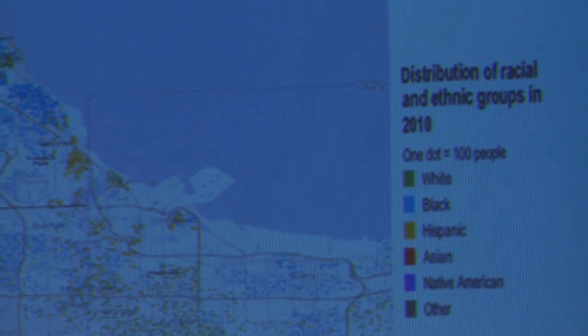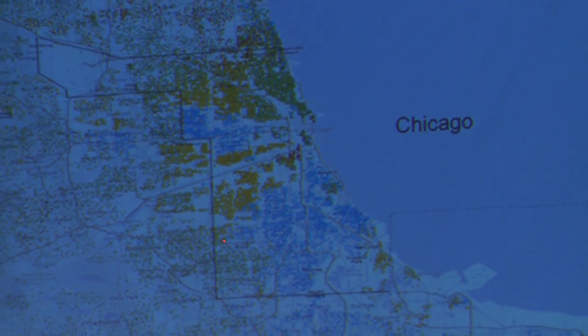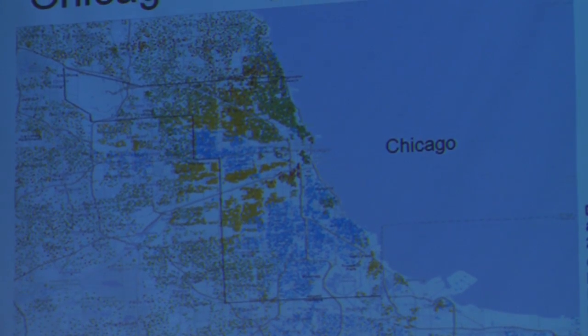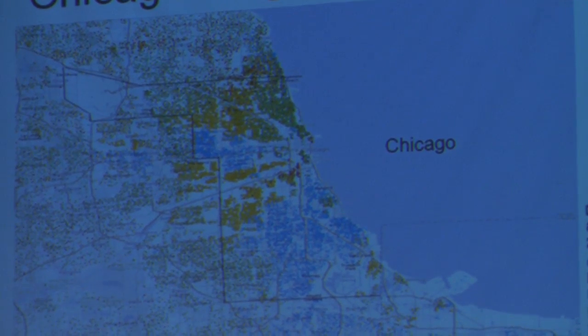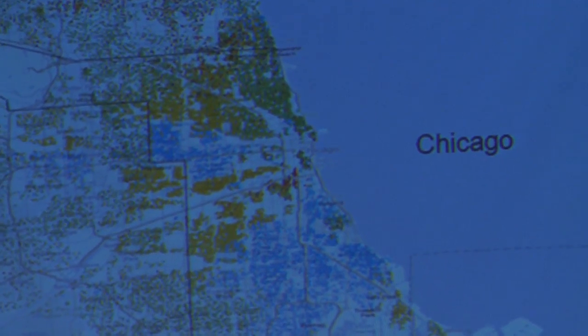But it's diverse in the sense that whites live here, Hispanics here, you have blacks again here, and you have whites here. So in Chicago, there's a lot of diversity in the city, but in the pockets, you tend to have people of these various races living next to each other.